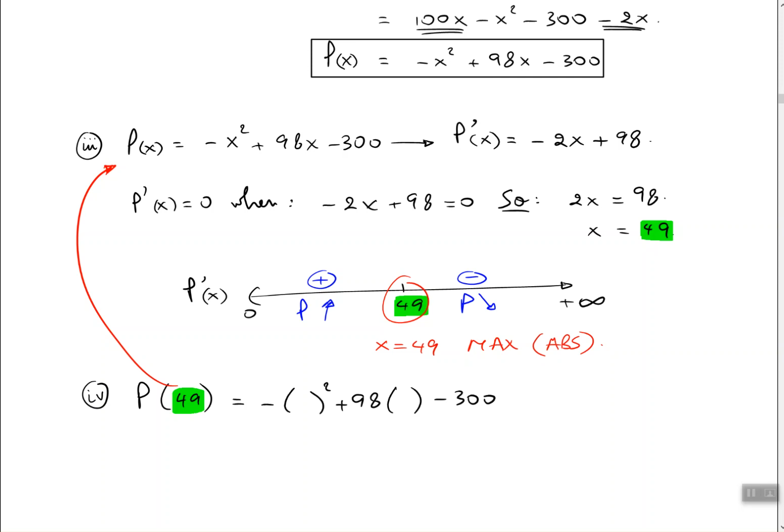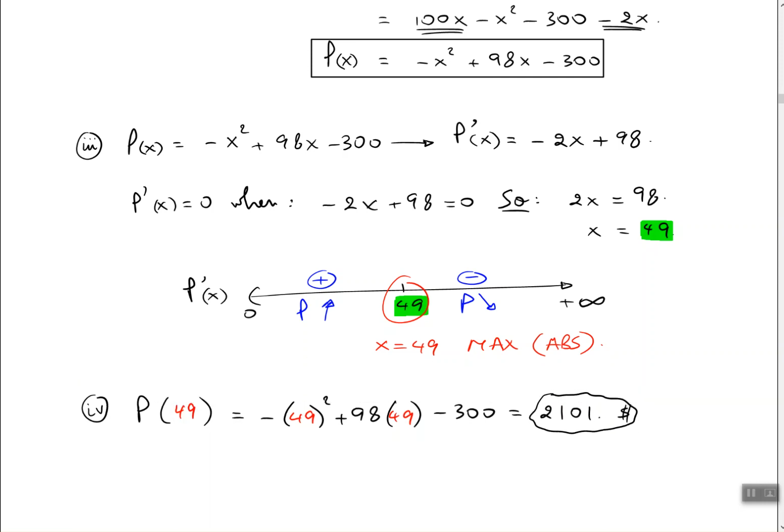So I'm putting 49 into the profit because that was my maximizing value. Okay, and I'm putting it in the profit, not the profit prime, because the profit gives me the amount in dollars. So putting this in a calculator, what do I get? Let's see. So I'm getting $2,101. So this is the amount in dollars of how much profit you're going to make if you made 49 stereos. So maybe it's a small operation that you're running or something.